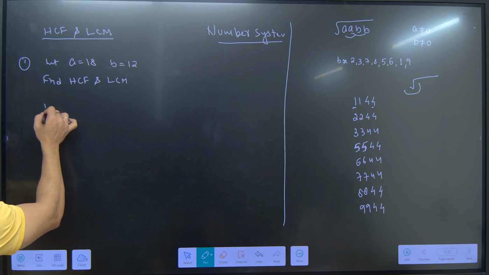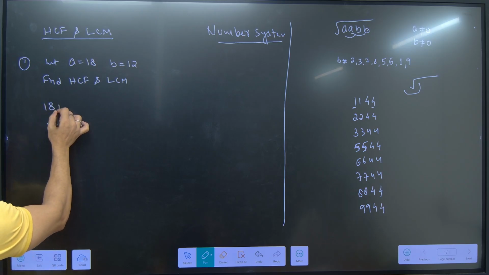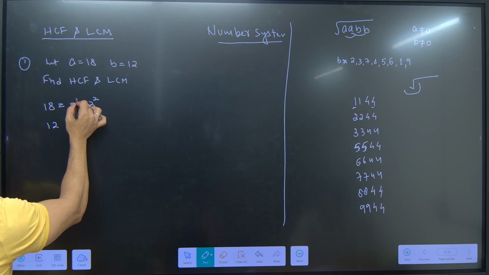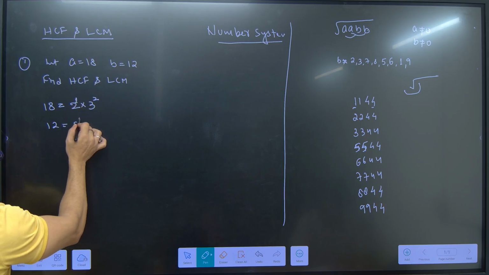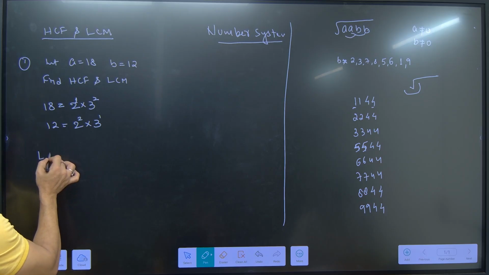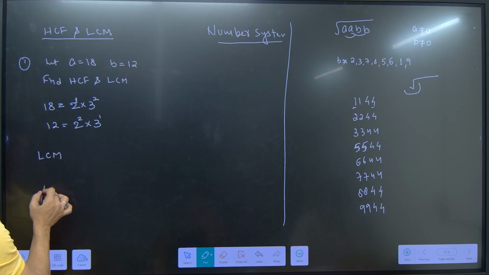First, what you should do, prime factorize 18 and 12. What is prime factorization of 18? 2 raised to the power 1, 3 square. 12 is 2 square into 3 raised to the power 1. If you have to find out LCM and HCF simultaneously, you know the full form of HCF, right?